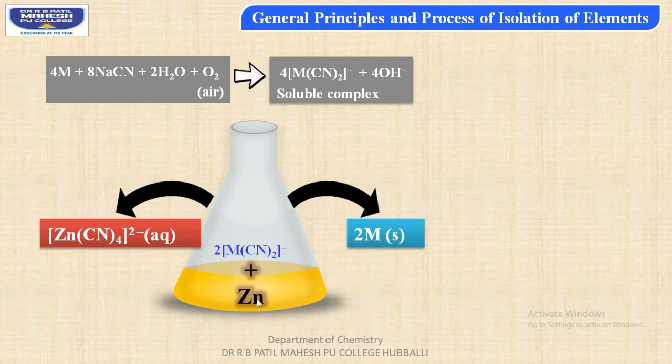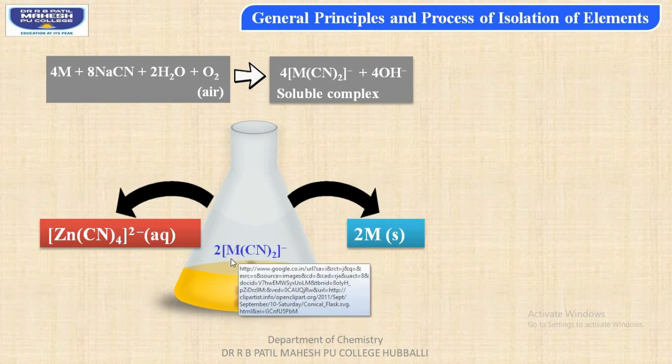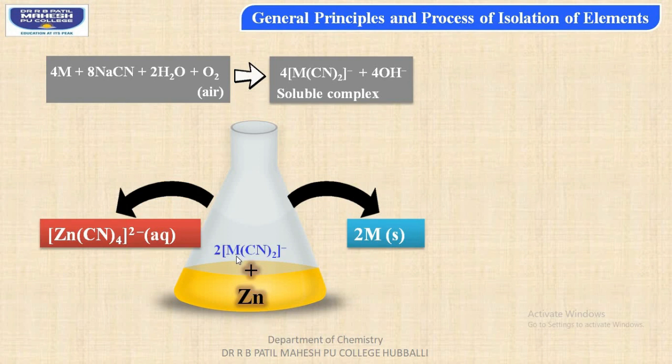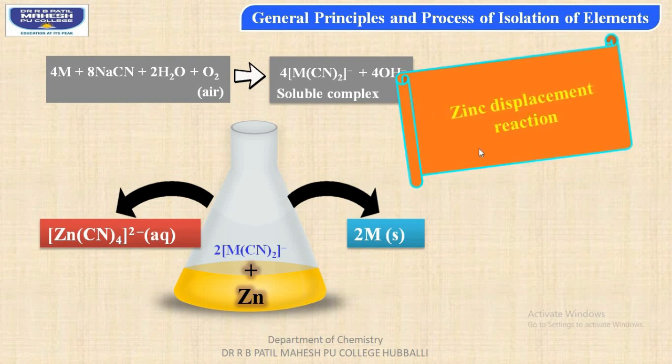So easily zinc can bring about the displacement of gold or silver from their respective soluble complexes. As a result, the zinc complex which is formed is water soluble, whereas the metal would be precipitated at the bottom of the reaction vessel. So here zinc displacement reaction occurs.